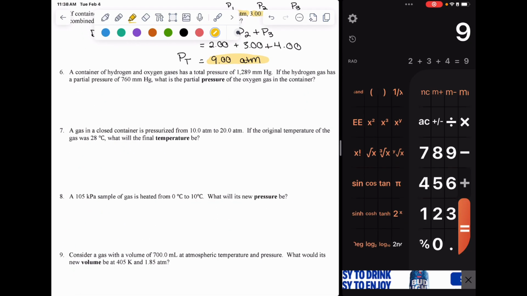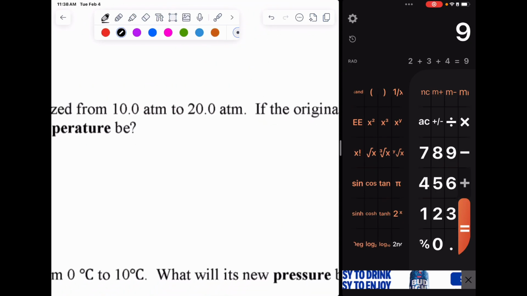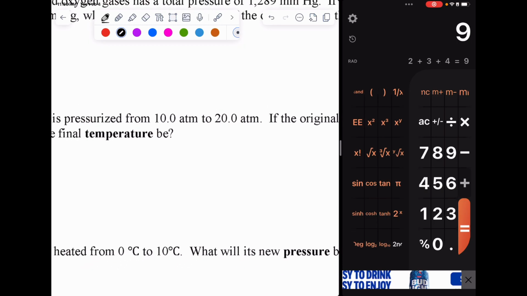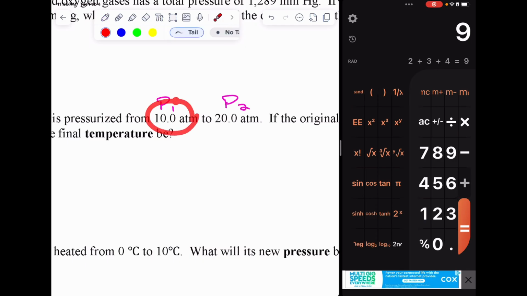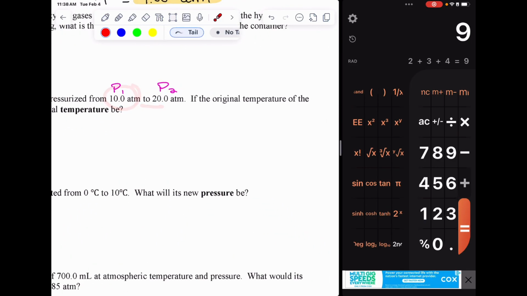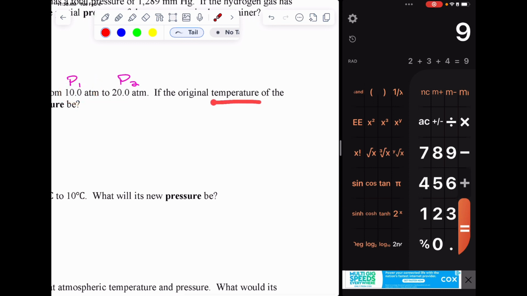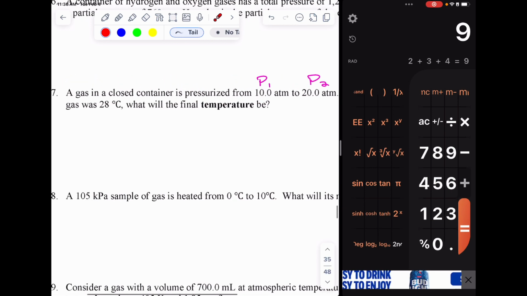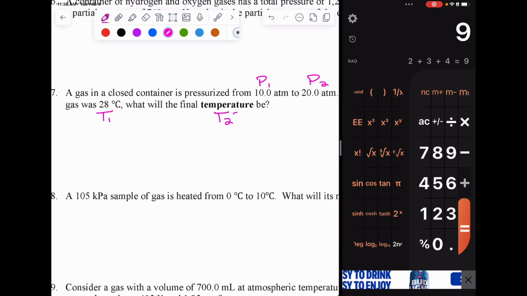Number 7, a gas in a closed container is pressurized from 10 ATMs to 20. So this would be our first pressure, P1, and P2, because it's going from 10 up to 20. Now, if the original temperature of the gas was 28 degrees Celsius, what would the final temperature be?